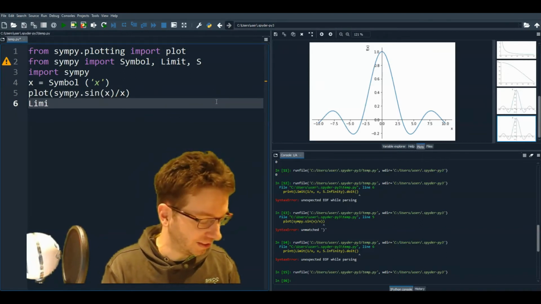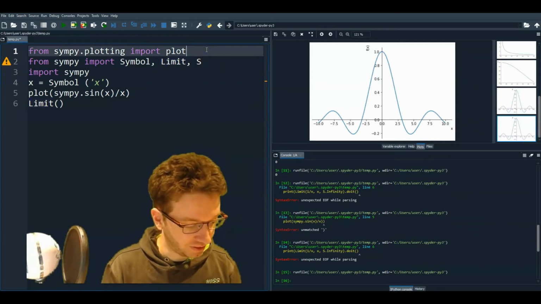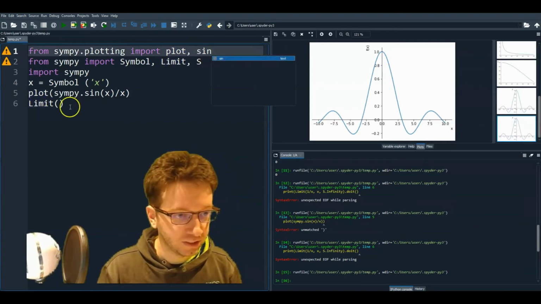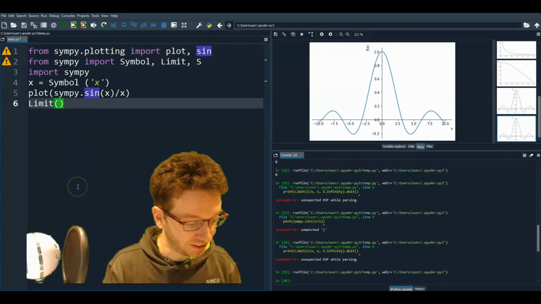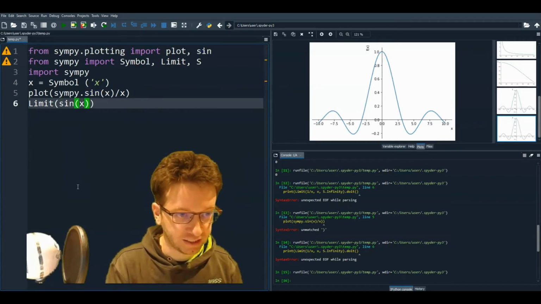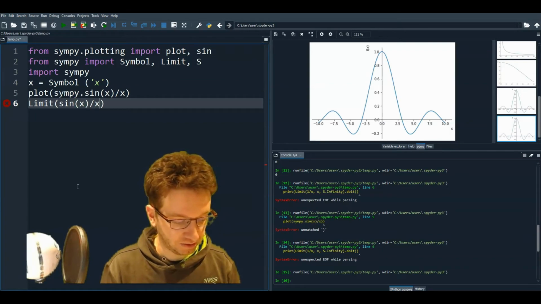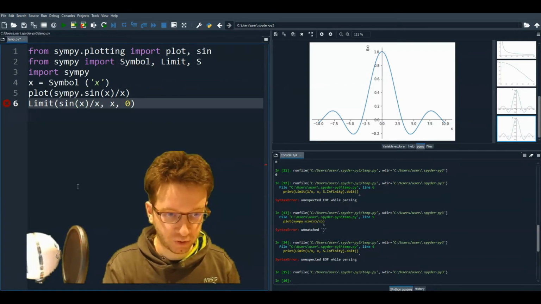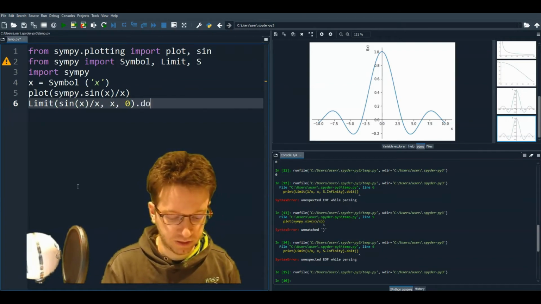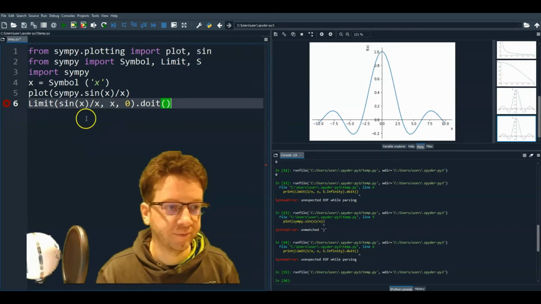So we're going to do the limit, and I'm actually going to import sine from sympy as well to be able to use in our limit function. So the sine of x divided by x as x approaches 0. Dot do it.